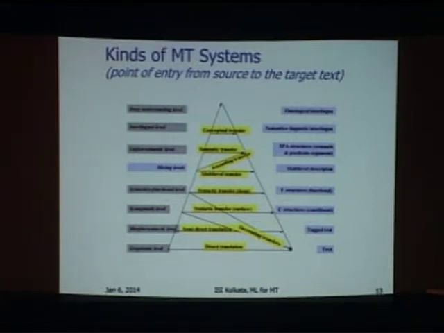Interlingual-based machine translation, or deep meaning-based machine translation, solves first a complete NLP problem and then solves a complete natural language generation problem. So this is what is involved in ideal machine translation.